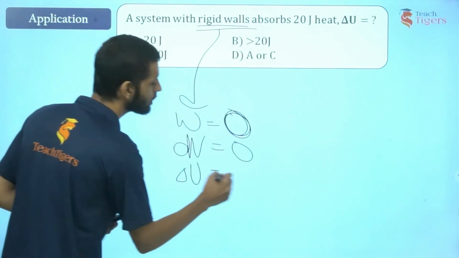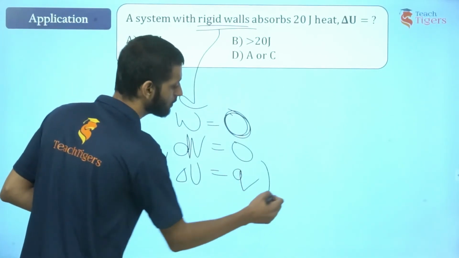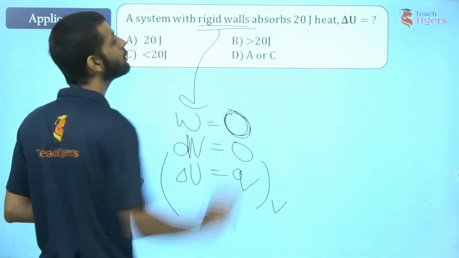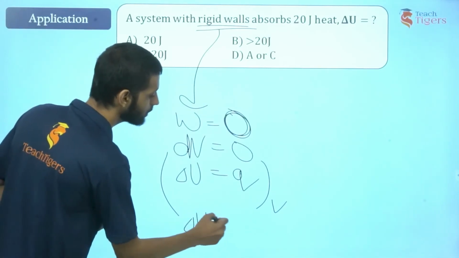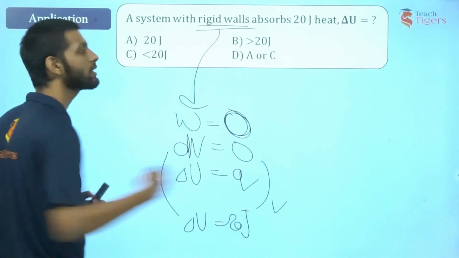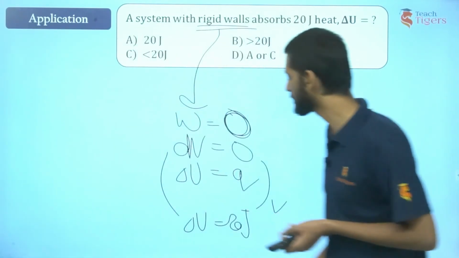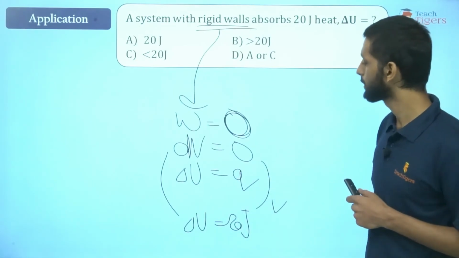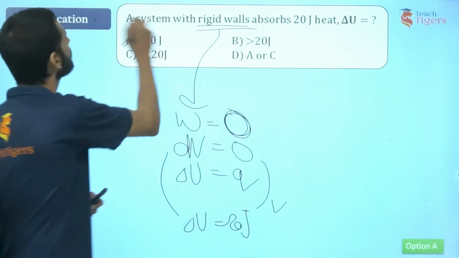Just to be a little more specific, we write volume is constant and delta U equals Q. Q is already given to us, absorbs 20 joule heat, and the answer is delta U equals 20. It's absorbing heat, and absorbing increases the energy. As a result, delta U equals plus 20 joules. The correct answer is option A.